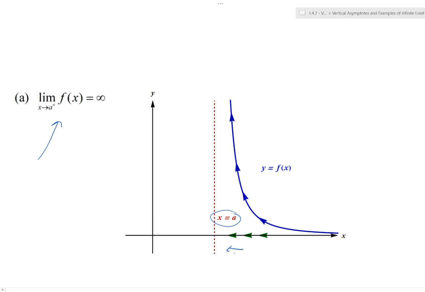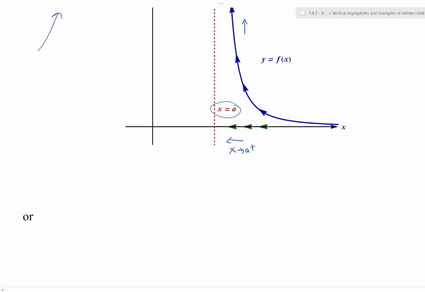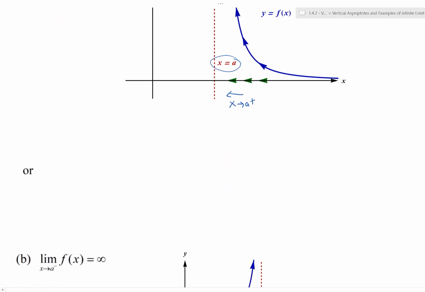As I'm approaching a in the x direction from the right, the function is going straight up to infinity, getting infinitely big without bound, but never actually reaching x is equal to a. If that happens, then x is equal to a is a vertical asymptote for the function f of x.